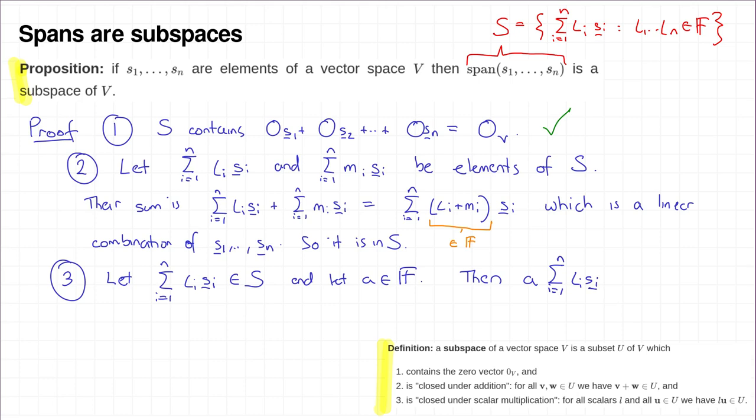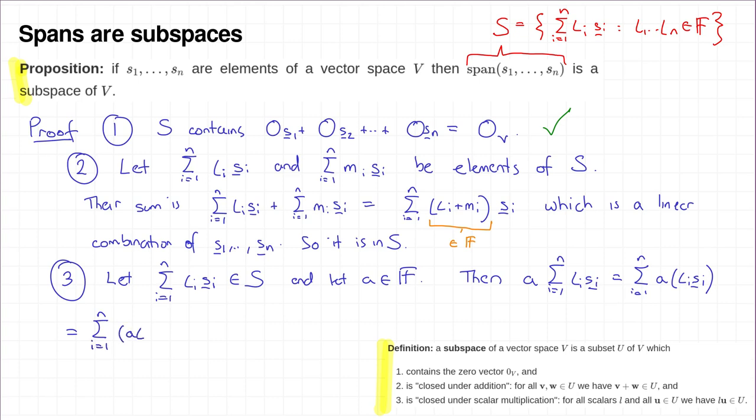We can simplify this. We have our vector space axioms. Vector space axioms tell you you can always distribute a scalar multiplication over a sum. So in particular, you can write this as the sum of i equals 1 to n of A times Li Si. And of course, I have another property of scalar multiplication, which is one of the vector space axioms.